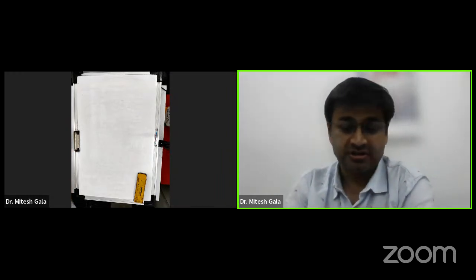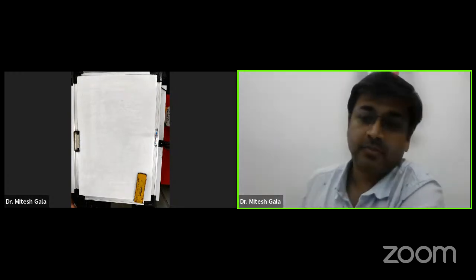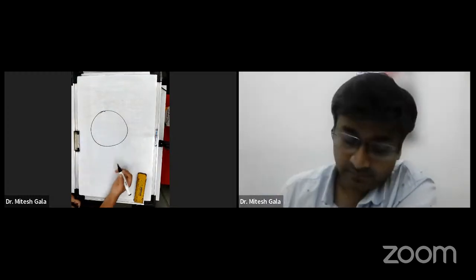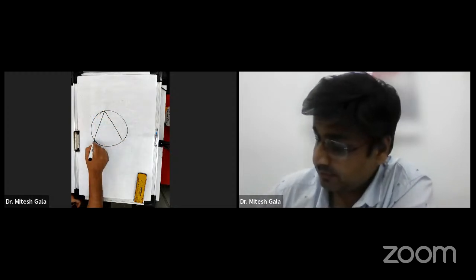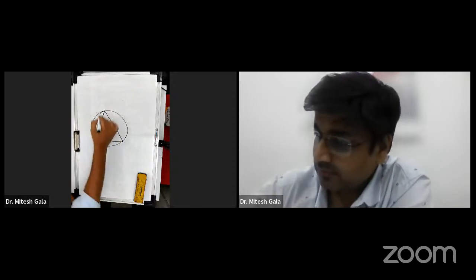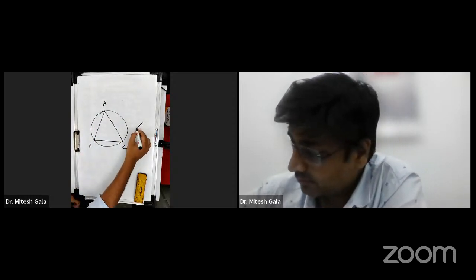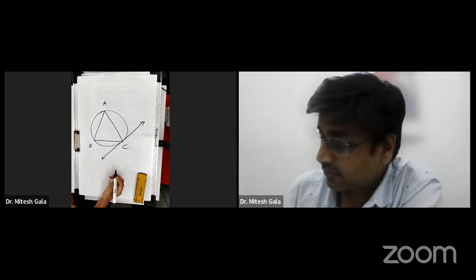Yes, Harshit, what's your doubt? So I have a doubt in circles. Can you please make the figure? Please make a circle first, and a triangle inside the circle. And a tangent from point C, any point. A tangent joining TA also, the same point.